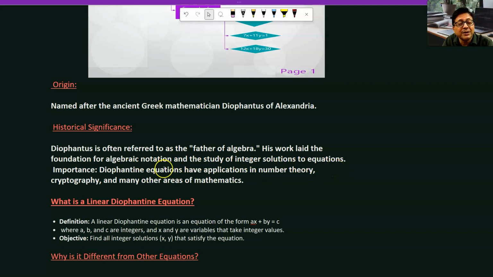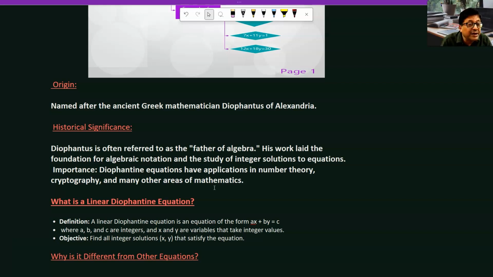And what is the importance? They have application in number theory, cryptography, the most useful part of number theory nowadays, and many other areas of mathematics. It is obviously a significant topic which we are going to learn today.